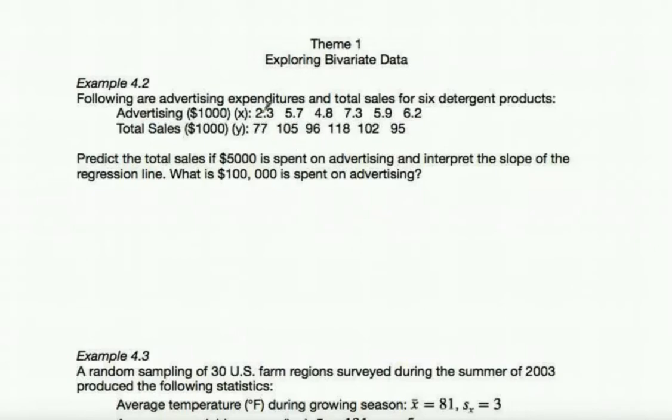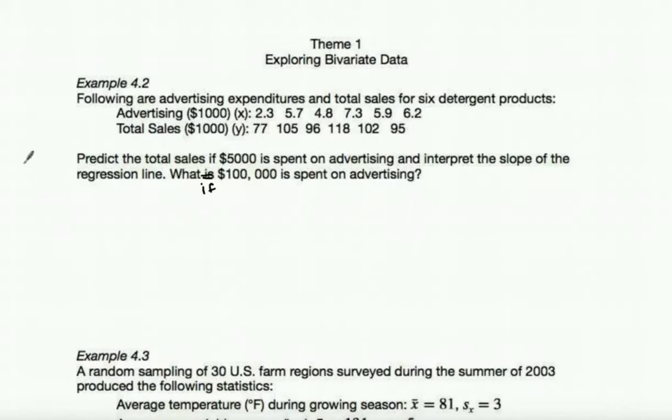What that means is for an advertising cost of $2,300, the total sales were $77,000. Predict the total sales if $5,000 is spent on advertising and interpret the slope of the regression line. And what if $100,000 is spent on advertising?